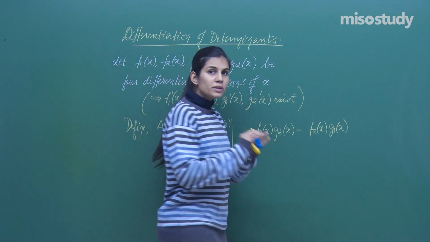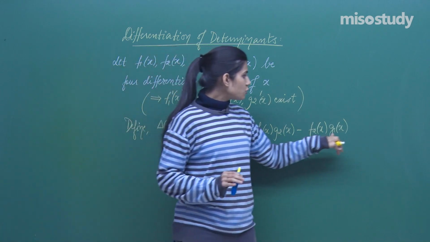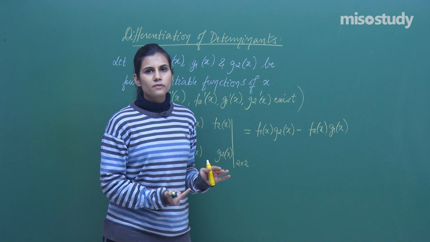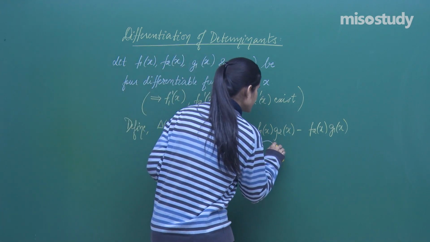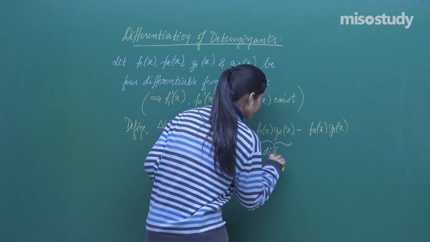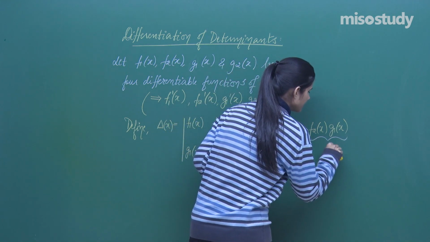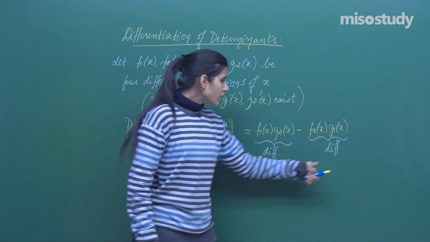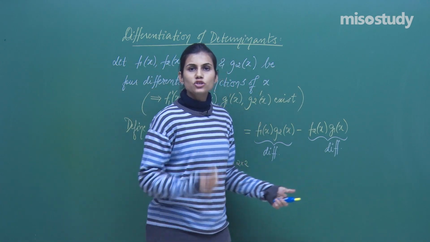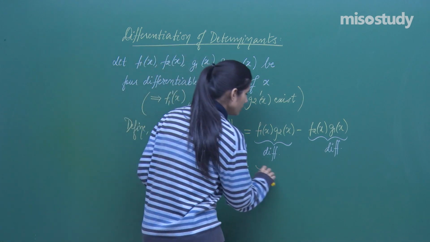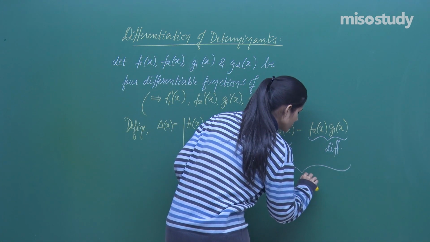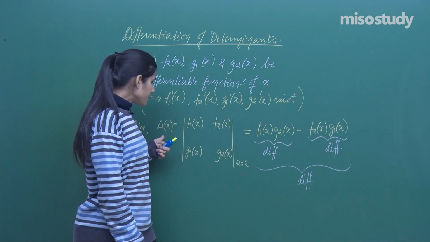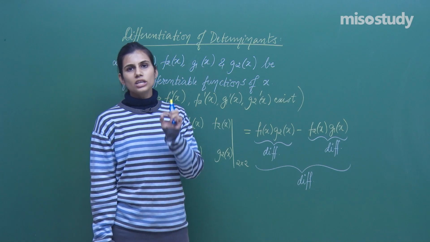If f1 and g2 individually are differentiable, f2 and g1 individually they are differentiable, you know that pointwise product of two differentiable functions is differentiable, so even this is differentiable and even this is a differentiable function. If these two are individually now differentiable functions, subtraction of two differentiable functions is again differentiable. So even this complete function, single function, is differentiable function of x, which eventually means that delta x is a differentiable function of x.